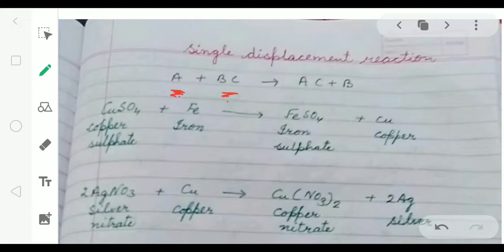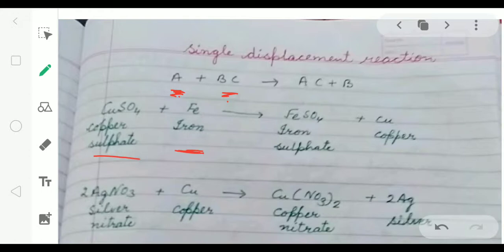In case of reaction between copper sulfate and iron, iron is more reactive than copper. So copper is replaced by iron.